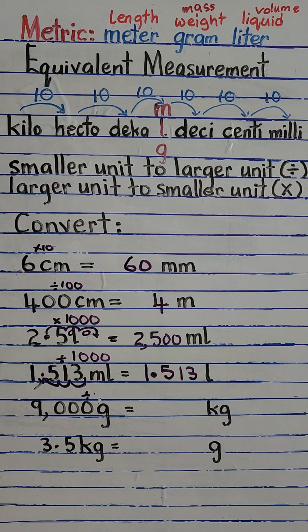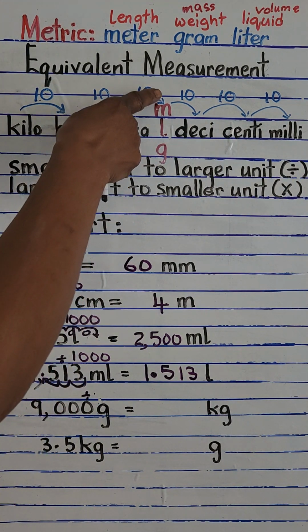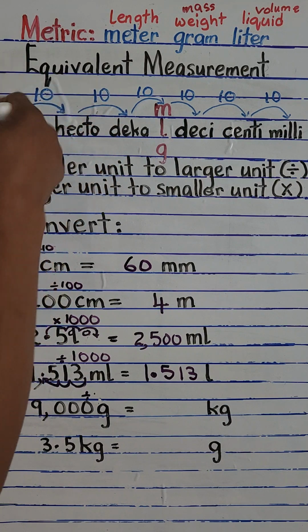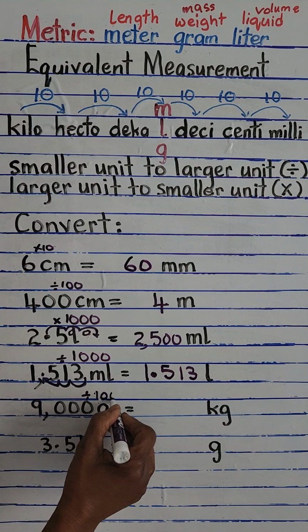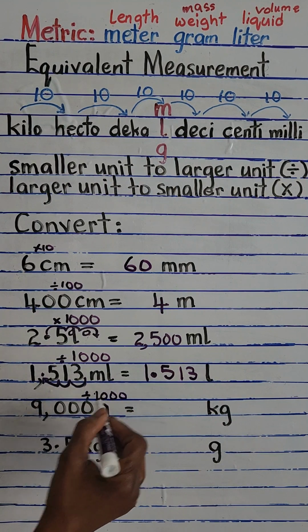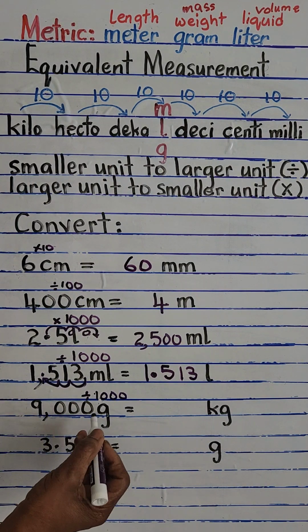How many grams make a kilogram? We have kilogram right here. 10 times 10 times 10, and that is 1,000. So we're going to divide by 1,000.